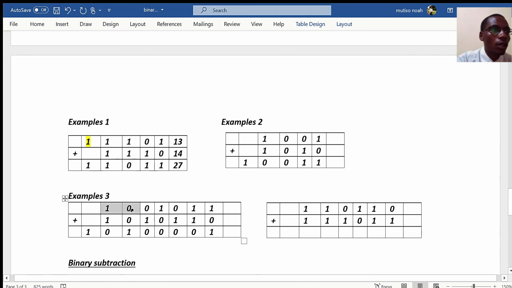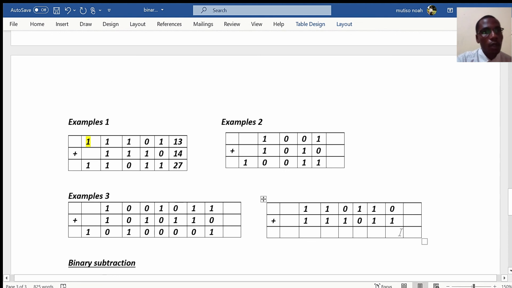You can go on and convert this one to its decimal equivalent, write it here, and then add them and see if you will get the same decimal equivalent of the answer.